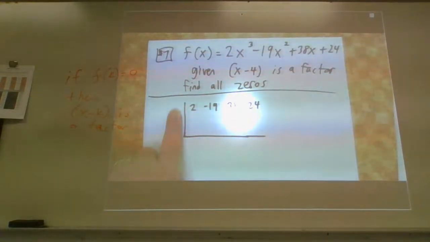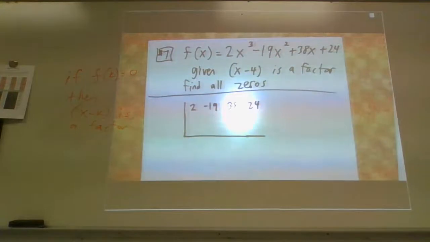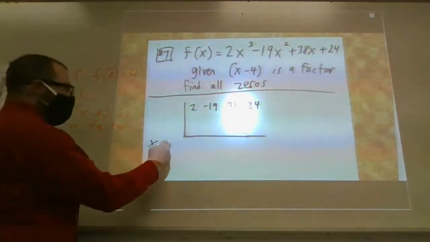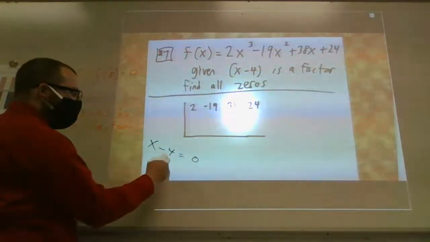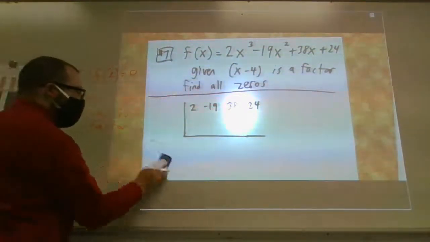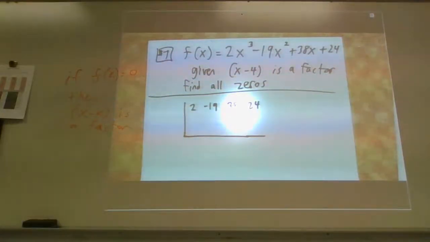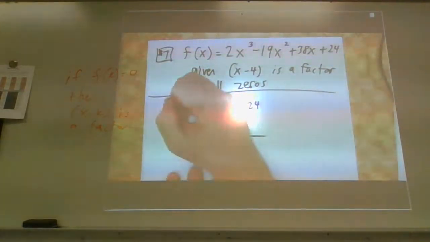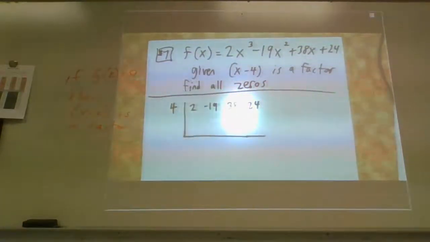Since x minus 4 is the factor, you can solve that and get positive 4 as the 0. Positive 4 is what you need to put on the outside of that synthetic bar. That is the key to understanding this problem correctly.